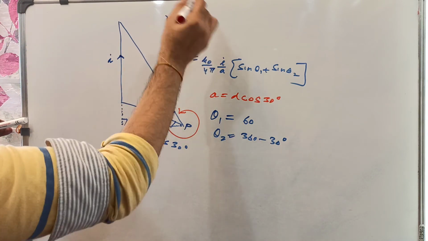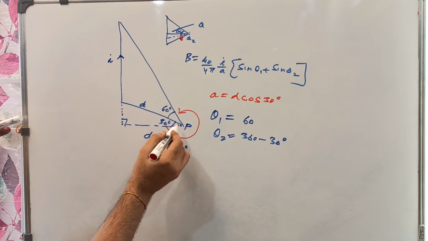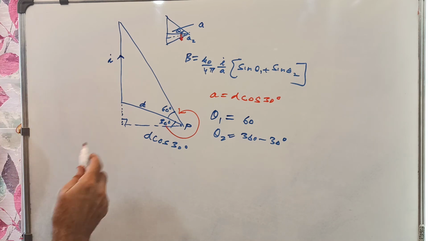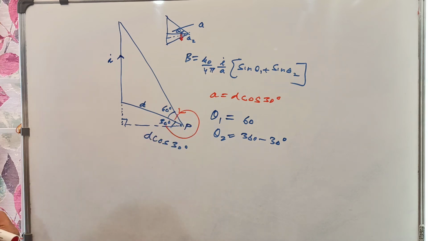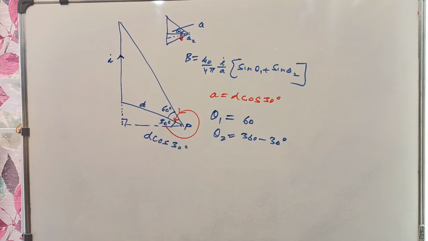So you have to look at it that way. So it would be 360 minus 30 degrees. So it will come till here. Okay, so that is about theta 1.